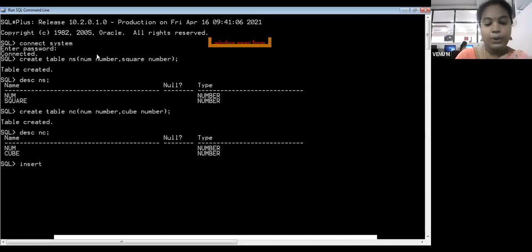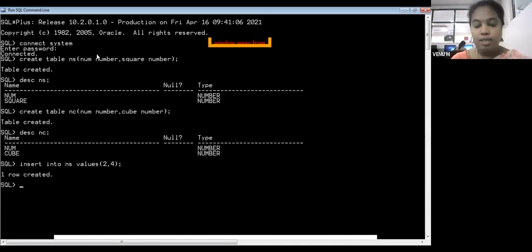First, insert into NS values, meaning the first table values. First we enter 2. What is the square of 2? 4. Enter. One row is created. If it is 3, the square of 3, 6.